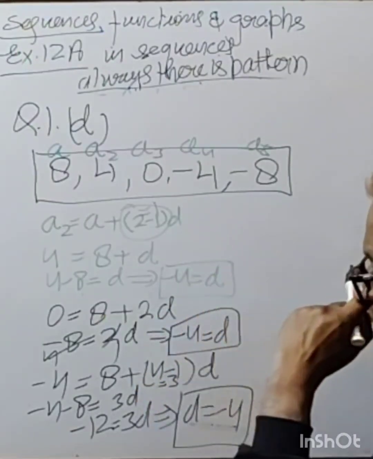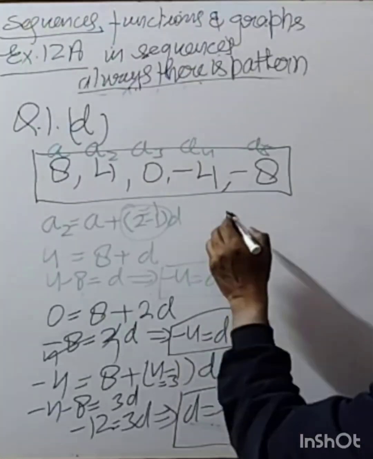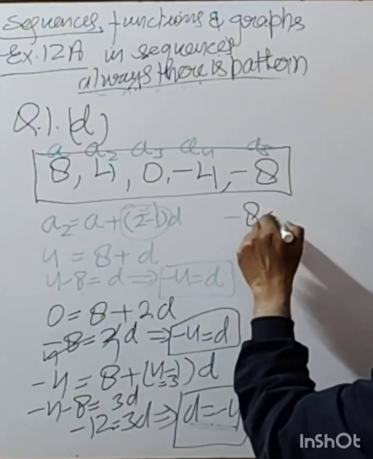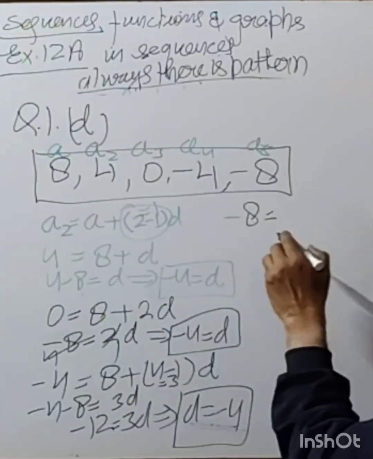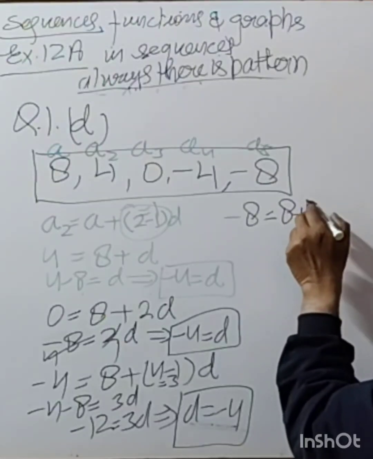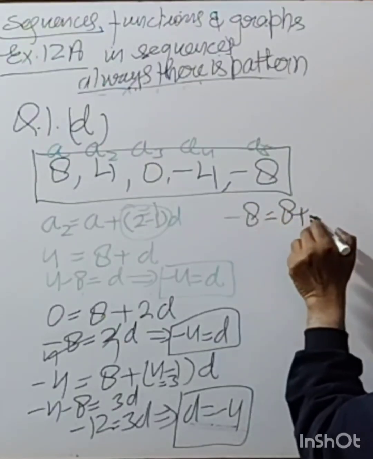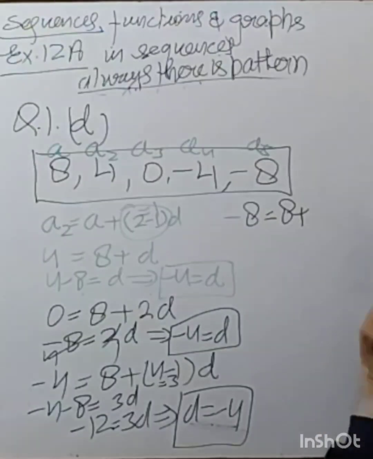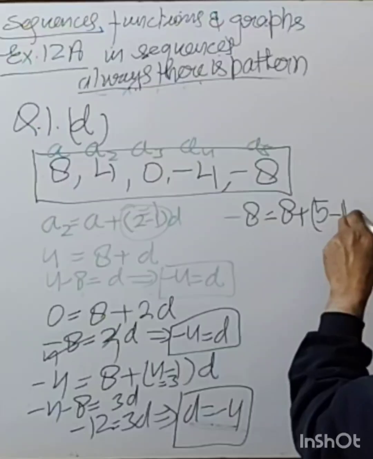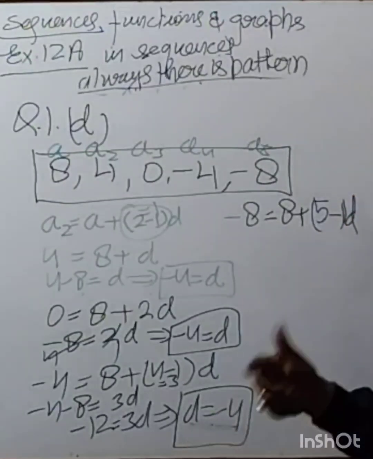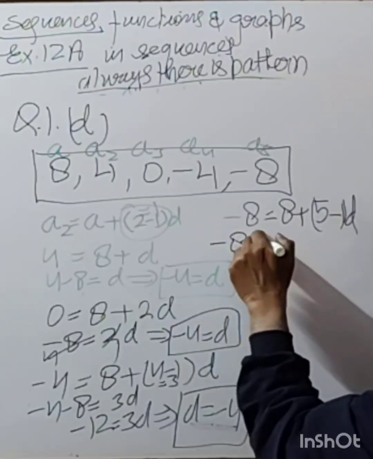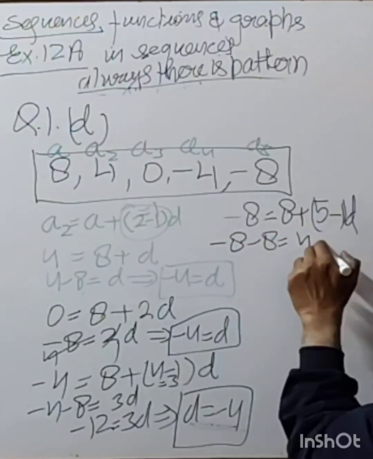Right? D is minus 4. And here also, if I go, minus 8 is equal to 8 plus 5 minus 1 into D. It was 3D earlier, now it is 4D. So minus 8 minus 8 is equal to 4D.